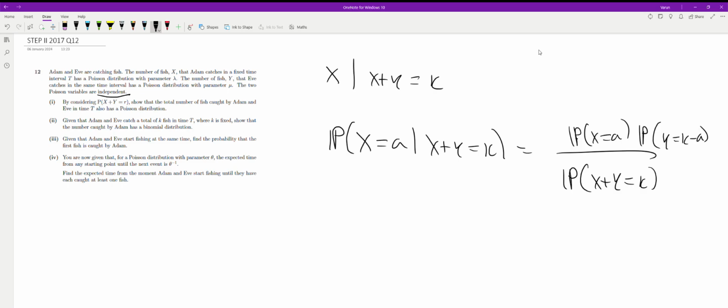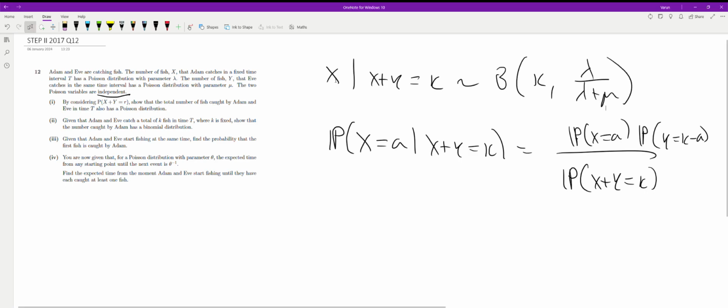That is, the probability that X equals a and X plus Y equals k. Okay, and then if you do that calculation, you basically get an answer. It turns out that this distribution is a binomial with n equal to k, and the probability being lambda over lambda plus mu. Okay, so that's part 2.